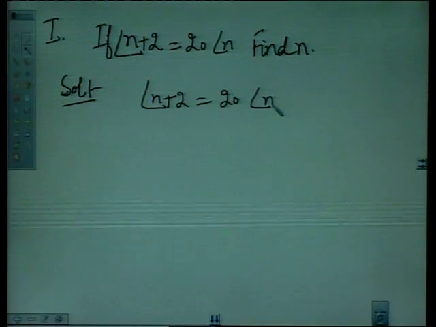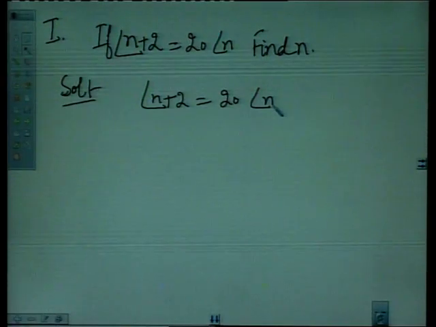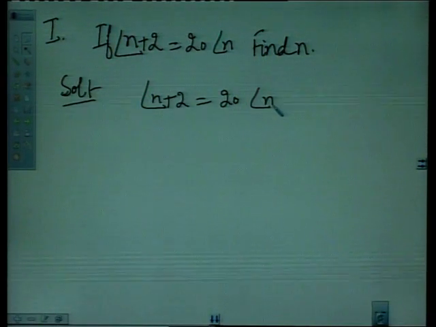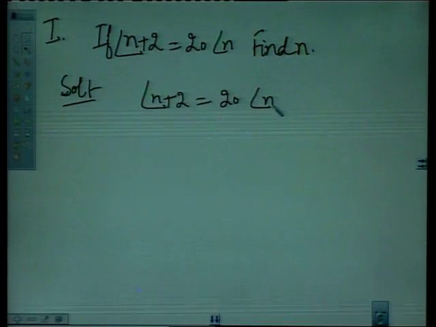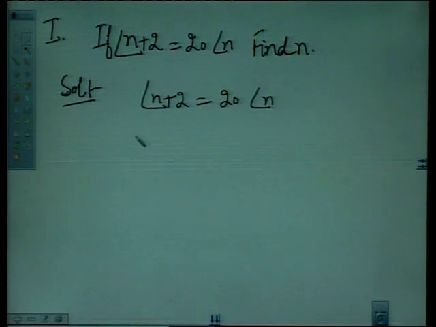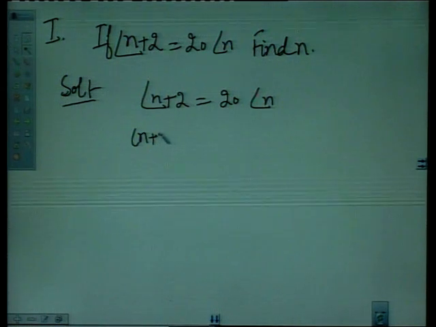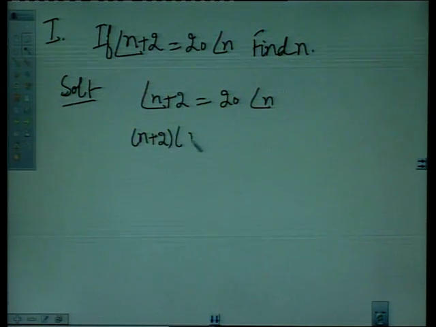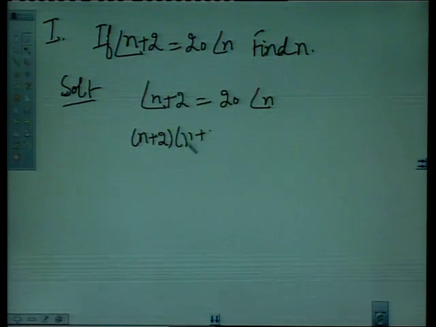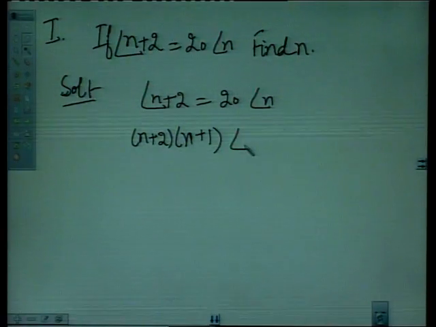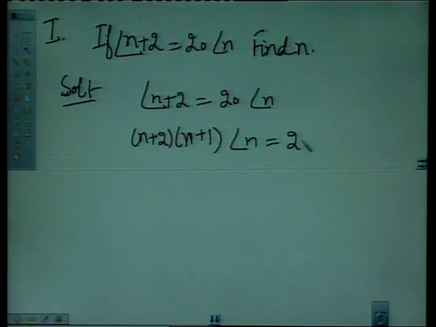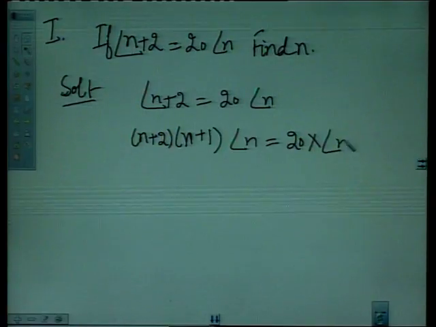Now, how do we solve this? We expand n plus 2 factorial in terms of n factorial. We can write n plus 2 factorial as n plus 2 into n plus 1 into n factorial. This is equal to 20 into n factorial.